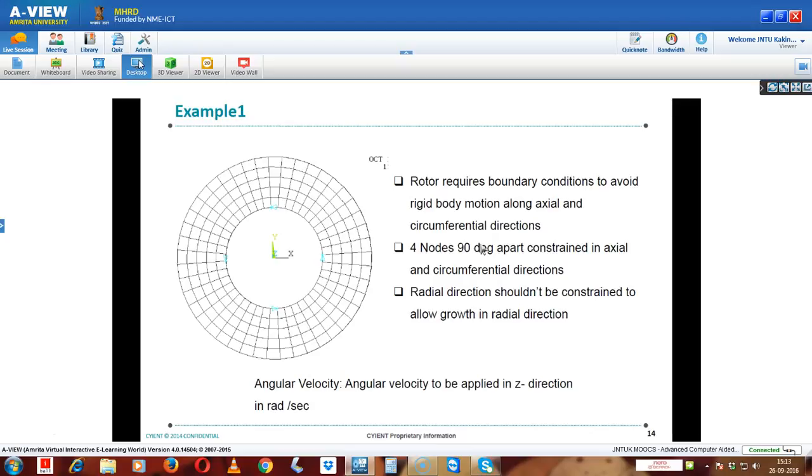In this example, I can also explain how node conditions are used for applying the boundary condition. We took four nodes 90 degrees apart and constrained the axial direction, which means in this direction, and also the circumferential direction, which means the tangential direction.